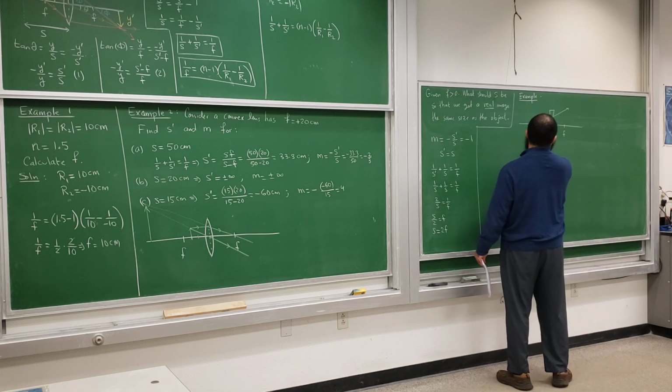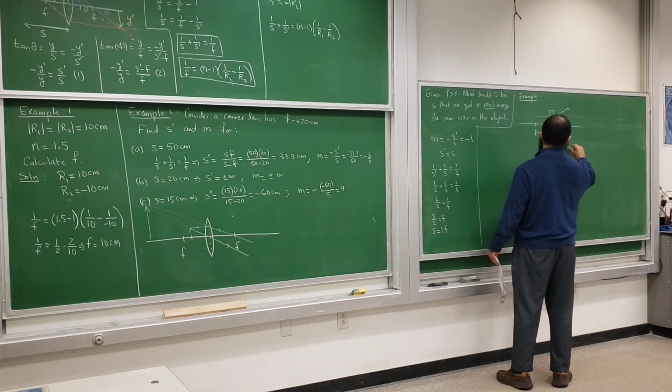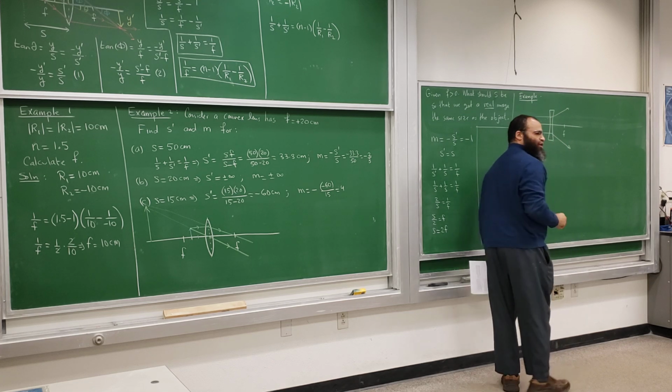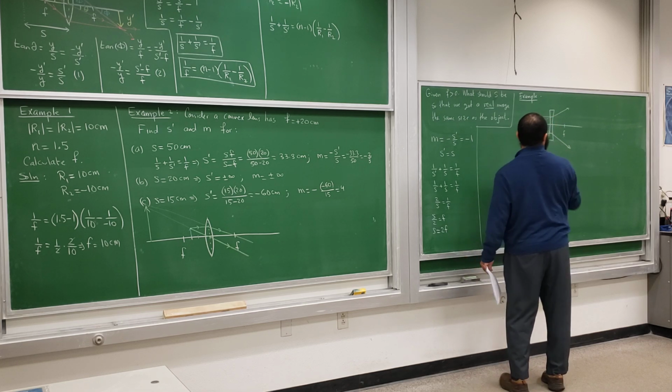And if I send another one that is parallel, it will go that way. So it appears as if all of them are coming from this point. Okay, they're coming from this point.